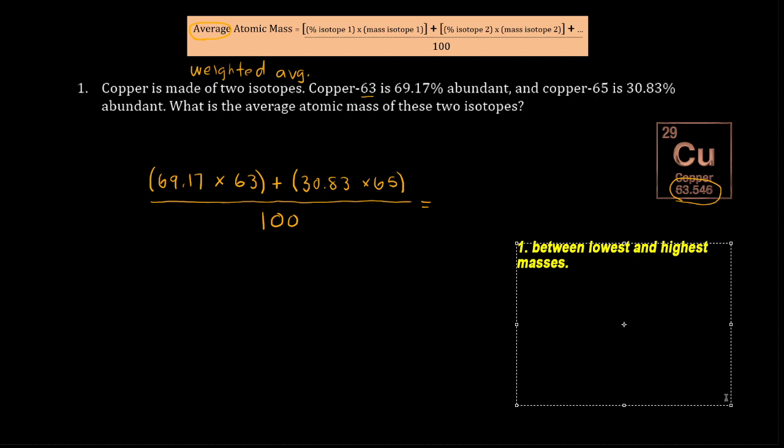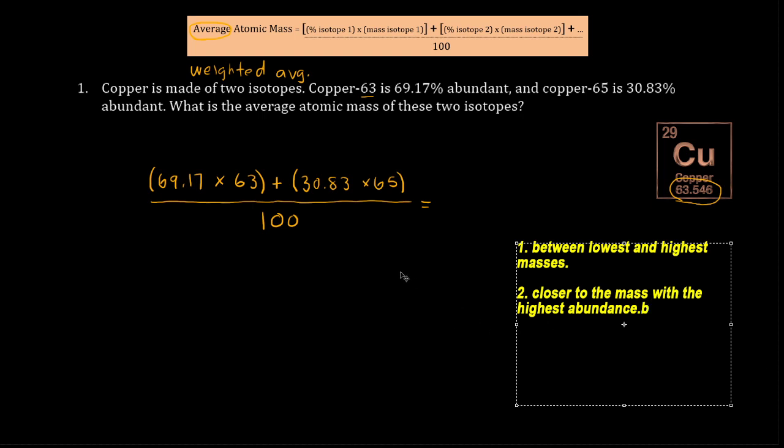If your answer is not between the lowest and the highest, it's not correct. And then the second thing is that it's going to be closer to the mass with the highest percentage. And instead of saying percentage, we can talk sciencey and we can say the highest abundance, because this is another way to kind of say the same thing basically.